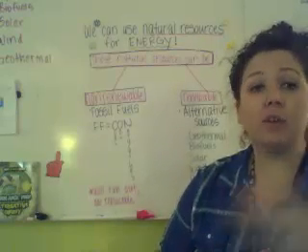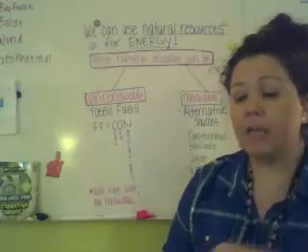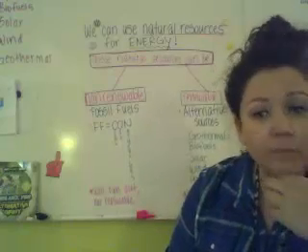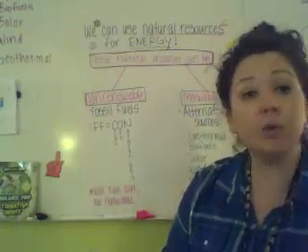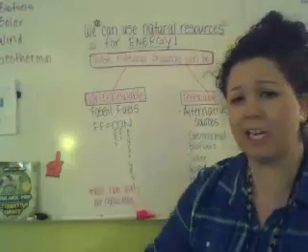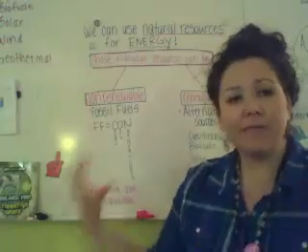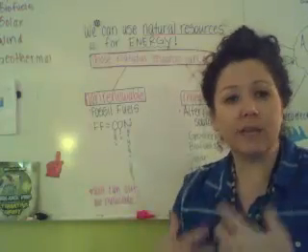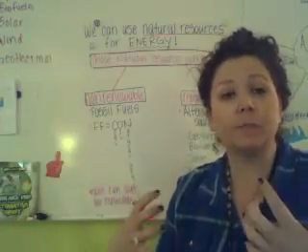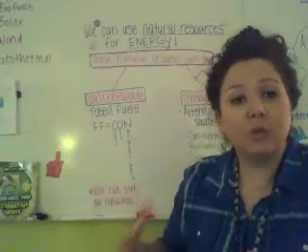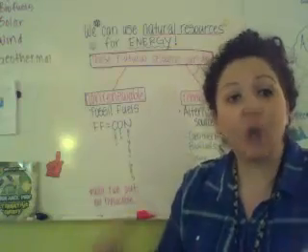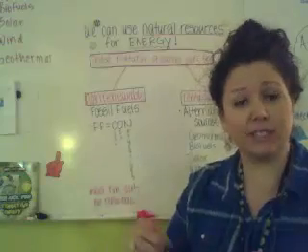I'm talking about not only electricity, but heat in our homes. I'm also talking about fuel in our cars that gets our cars and our trains and our planes from one place to another. The one thing that all of those things have in common is that they're energy forms, and we get those energy forms from natural resources, okay?